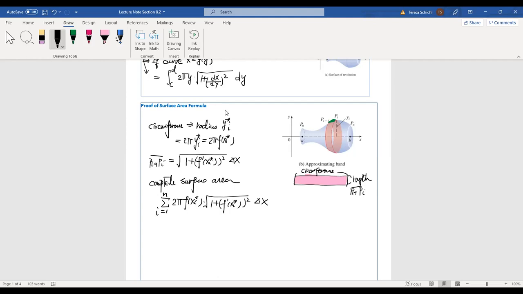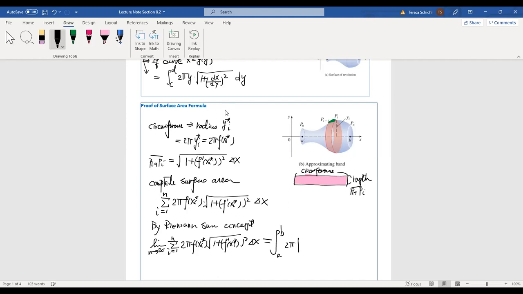So I know by the Riemann-Sum concept that if the limit as n approaches infinity, summation i from 1 to n of 2 pi f of x_i star times the square root of 1 plus f prime of x_i star squared delta x, when you let n approach infinity, what will this be? It just becomes an integration, right?